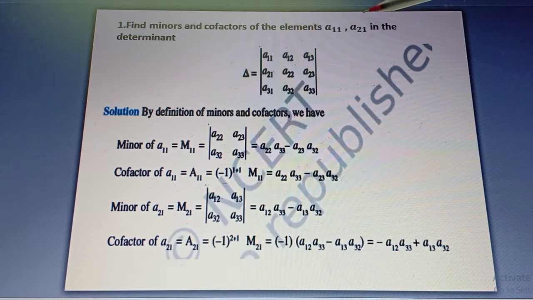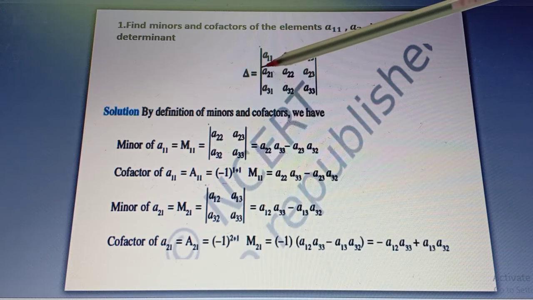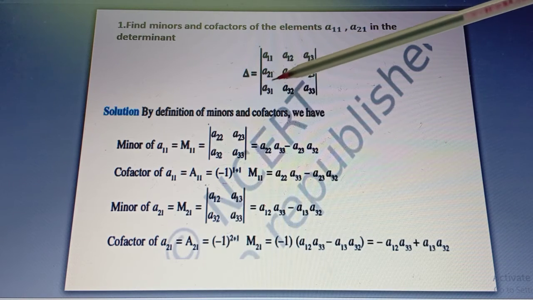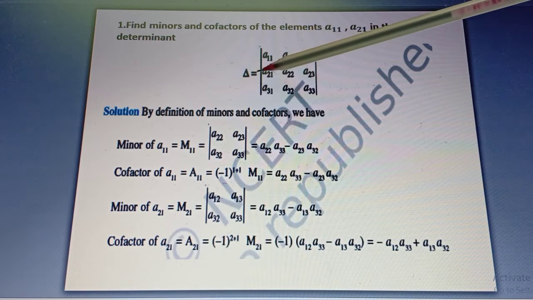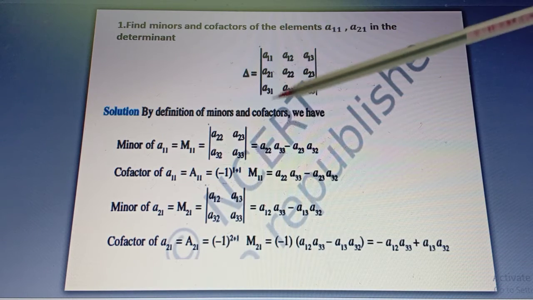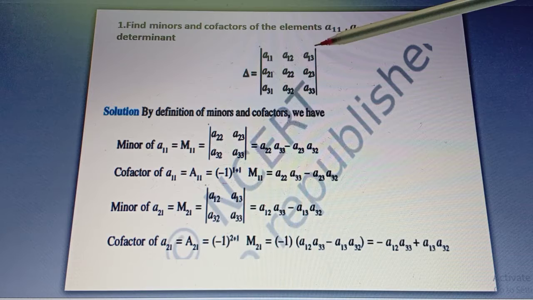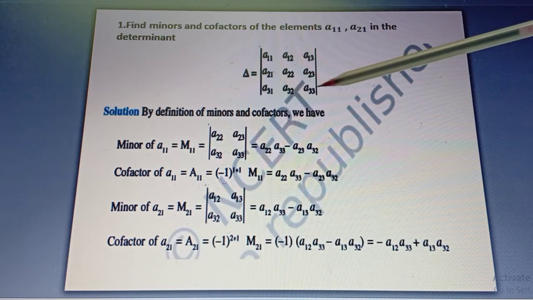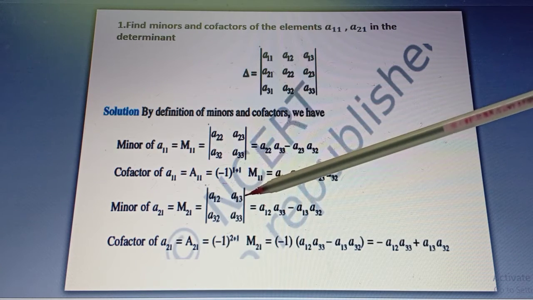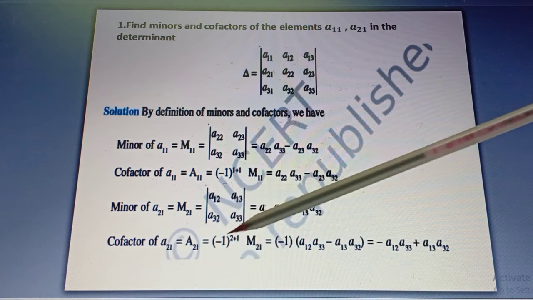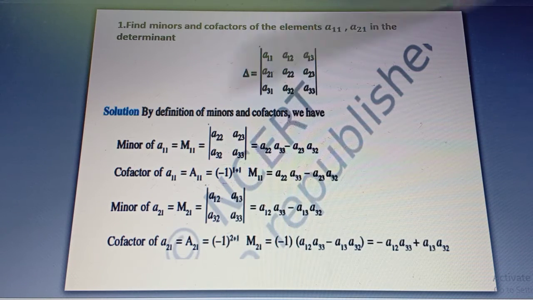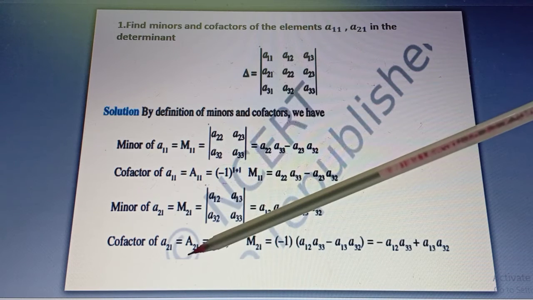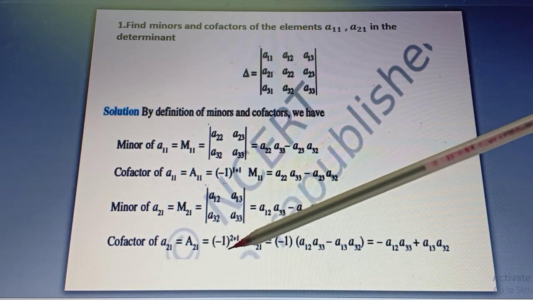Similarly, for A21, we have to know where the element lies. A21 lies in this place. In order to find the minor of this element, we have to delete its corresponding row and corresponding column. The rest of the elements are A12, A13, A32, A33. After expanding this determinant, we will get this, and the cofactor of this element will be A21, minus 1 to the power i plus j.